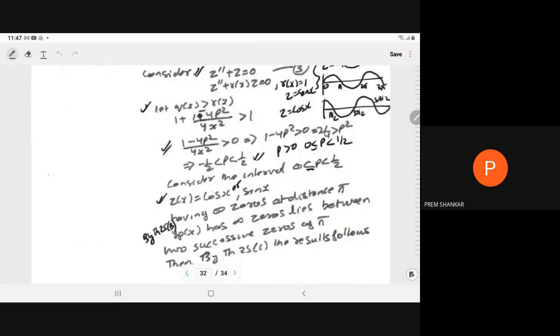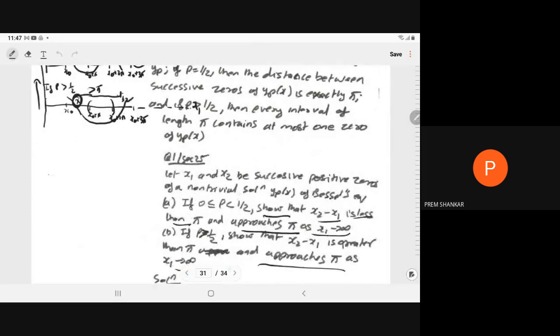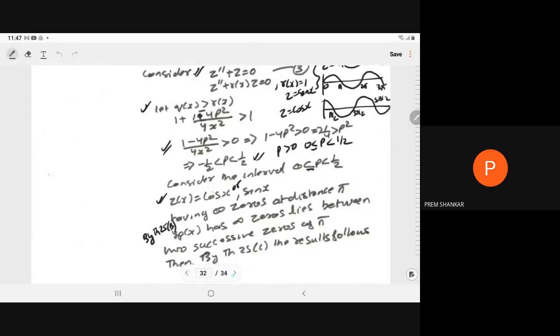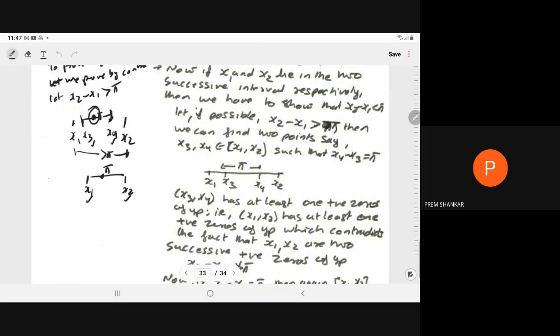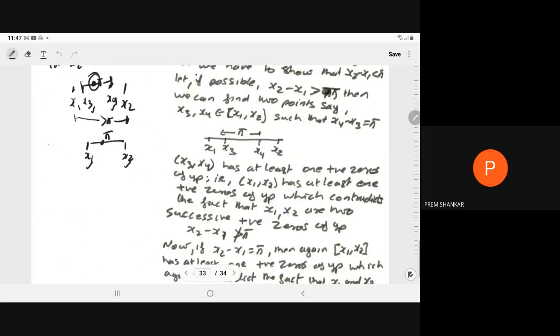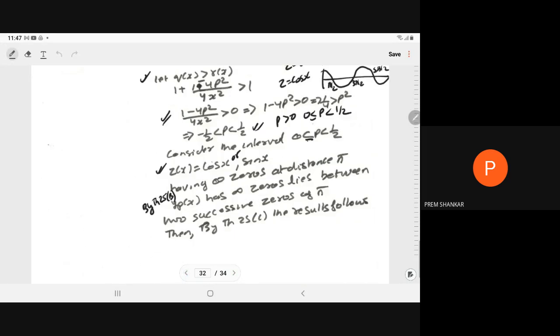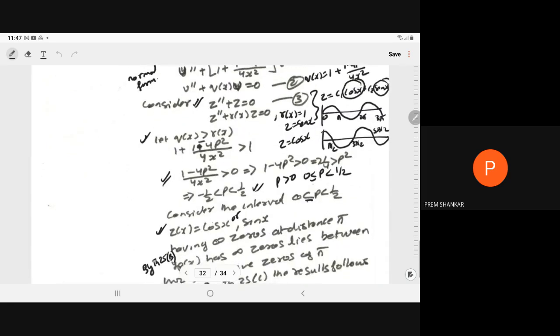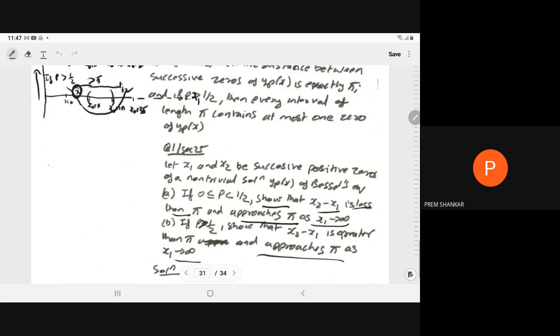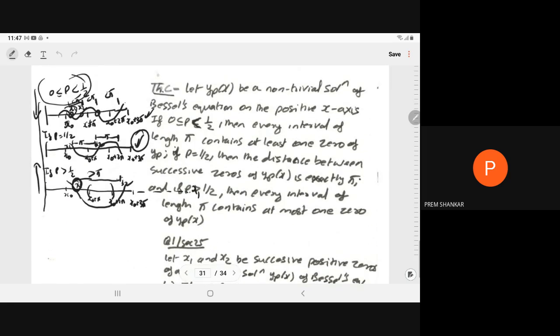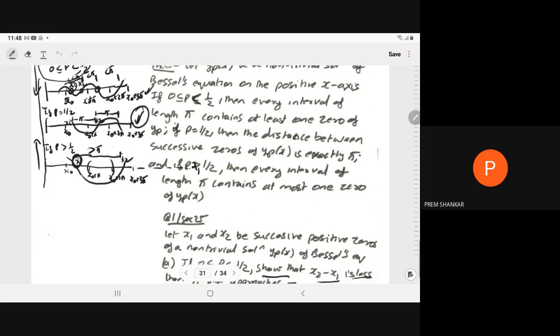And what is theorem 25c? Theorem 25c states that if p is greater than half, then every interval of length pi contains at most one zero.